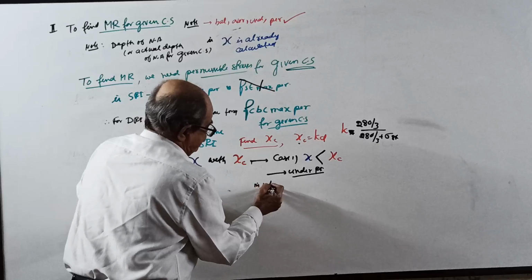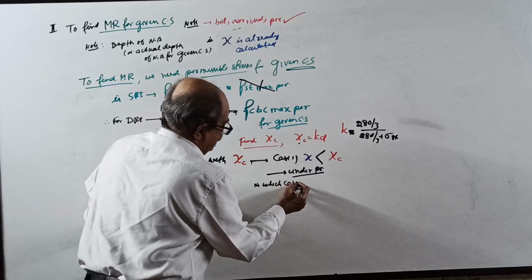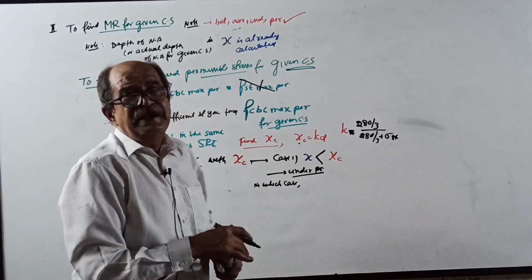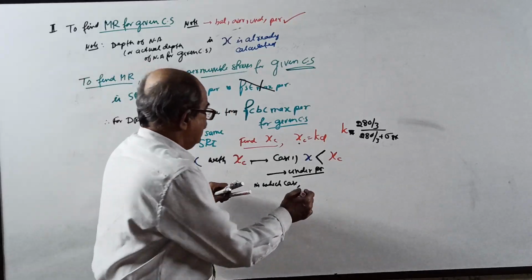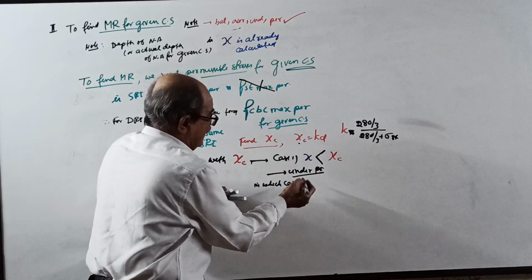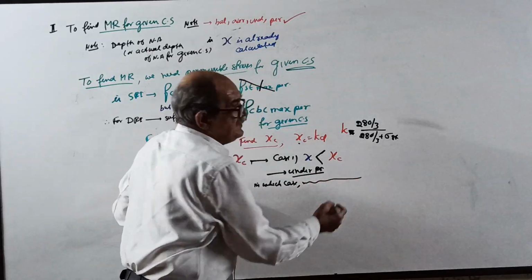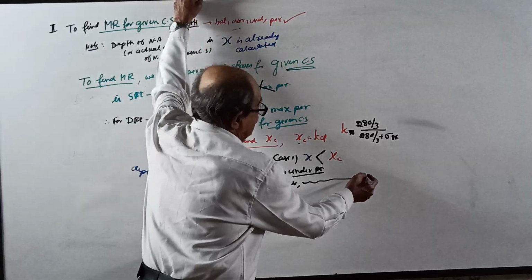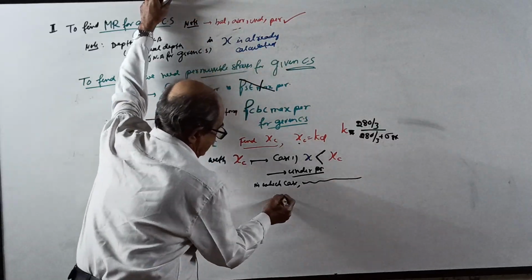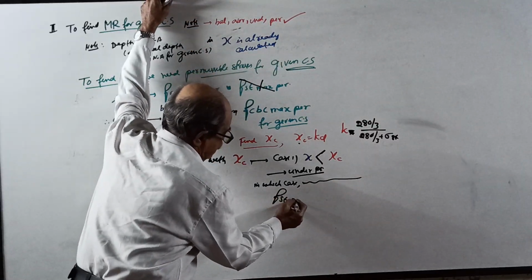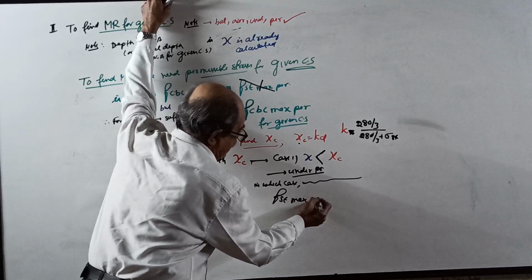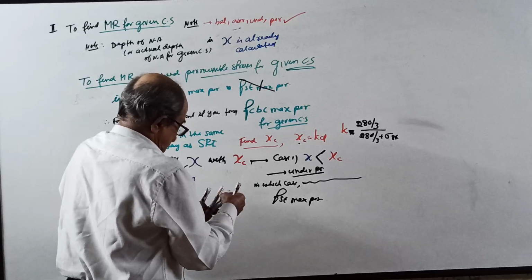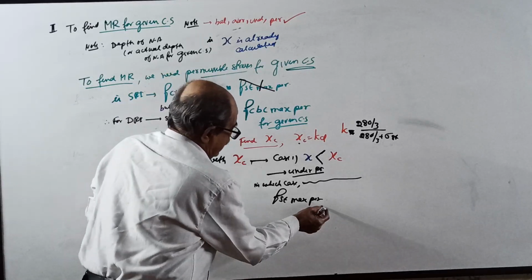For the reasons I told you earlier, the stress in tension steel will reach critical first. So for an under reinforced section, FST max permissible, actually it should be in green color, is equal to sigma st.